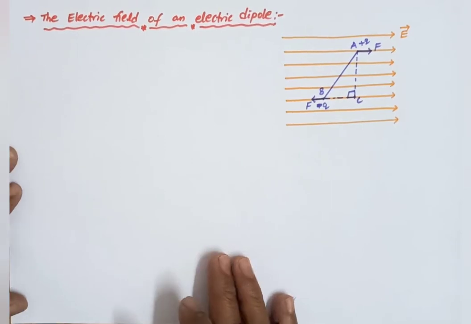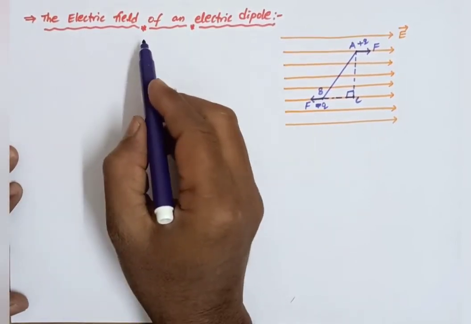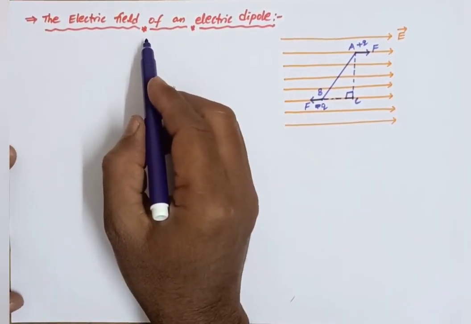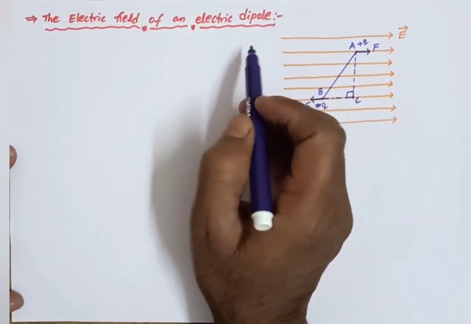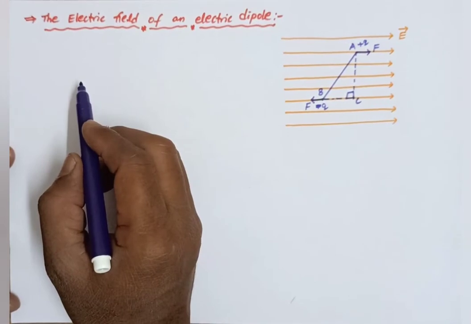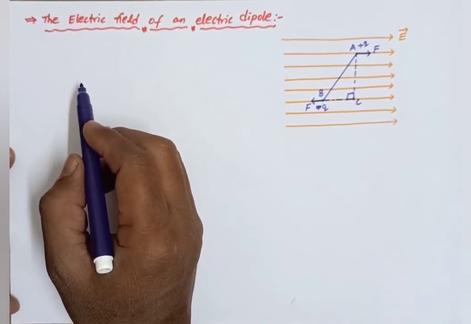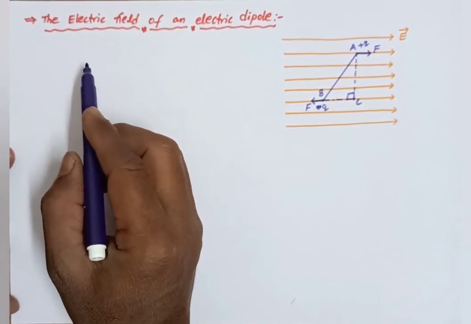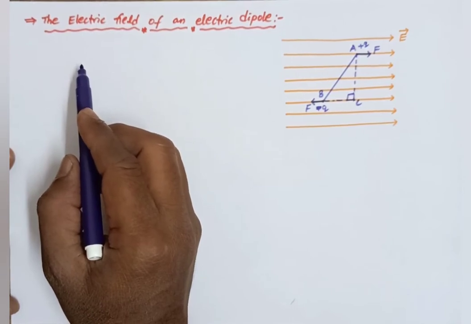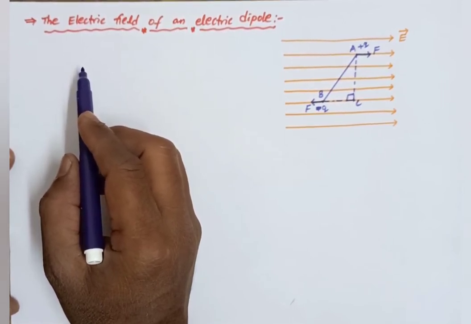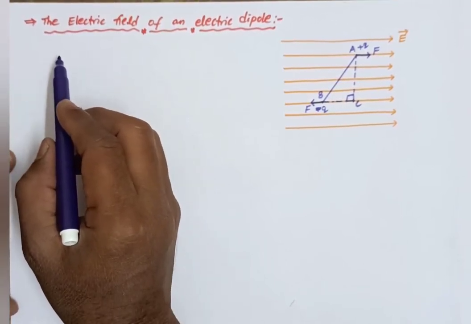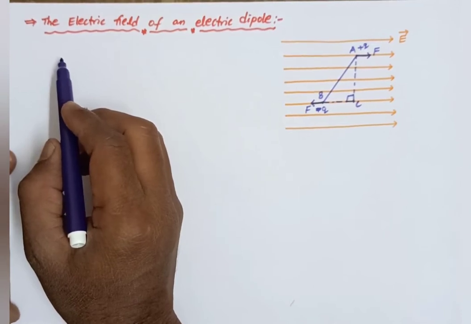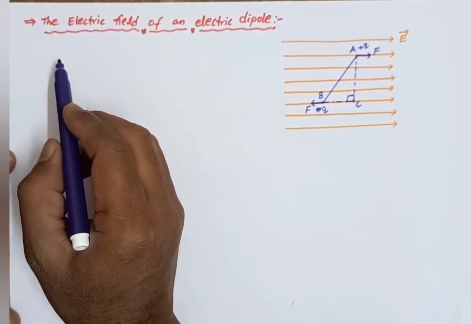The next topic is the electric field strength of an electric dipole. The electric field strength of an electric dipole, that is a pair of charges, at any point in space can be found from a combination of Coulomb's law and the superposition principle.